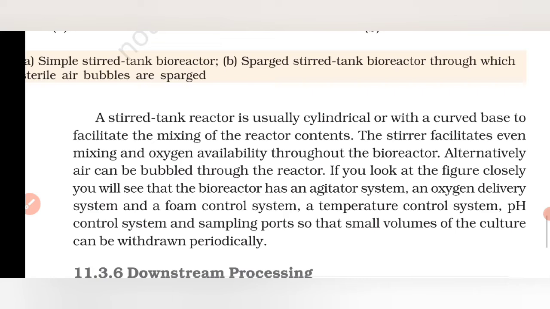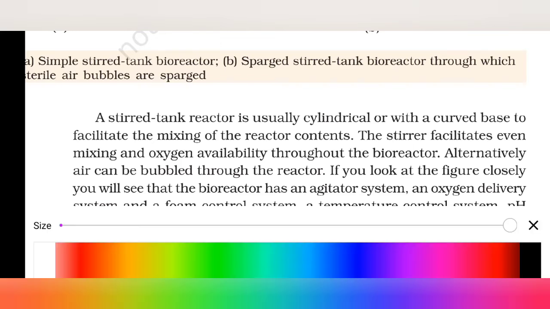If you look at the figure closely, you will see that the bioreactor has an agitator system, an oxygen delivery system, just mark this. This is very important. In a bioreactor, the stirrer facilitates oxygen and mixing. It facilitates mixing and oxygen availability throughout the bioreactor.